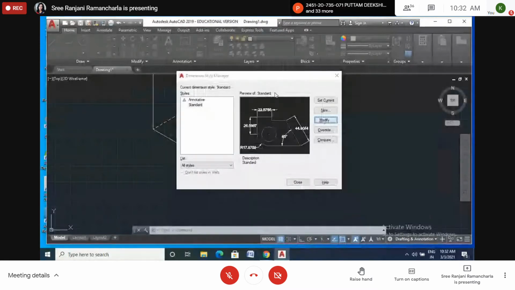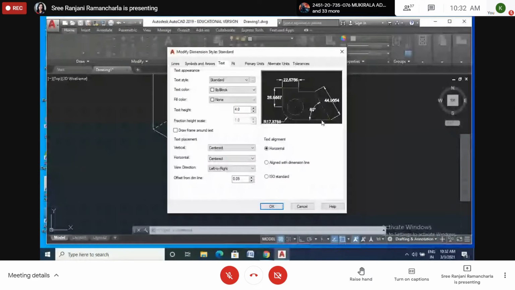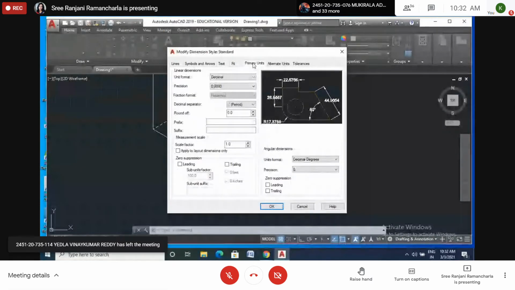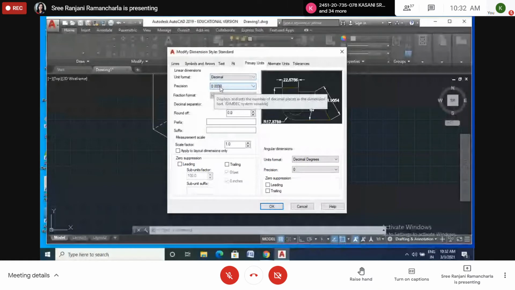What else? This is not required. Primary units, see, this is very important. These are all in decimal only. Here is the precision. See, after the decimal, 4 digits are there. For our work, we don't require these 4 digits. We require only 1, because I told you the reason.